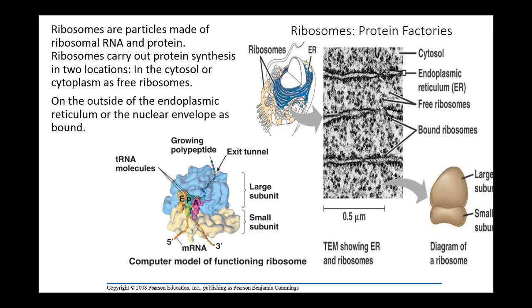Ribosomes attached to the endoplasmic reticulum usually make vessel-type proteins, so proteins that are then going to be secreted outside the cell to be used elsewhere. You can think of a pancreatic cell that makes a very commonly known hormone called insulin. Insulin is a protein made by that cell and secreted out into the bloodstream so that it can be used by all cells of the body.